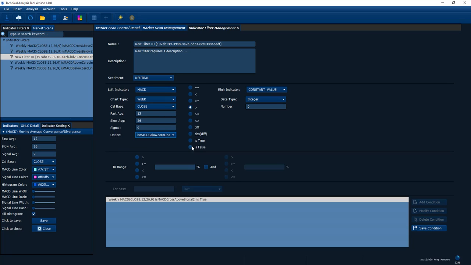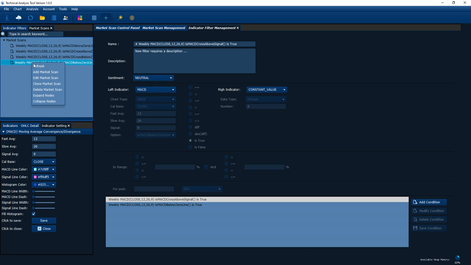We add this one. It's true. Okay, so that crossover happens below zero. Let's use the condition name, just to save some time typing: MACD cross line is true. Let's put a hashtag here, just to make it more obvious.